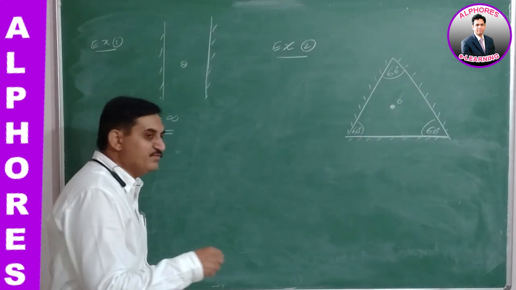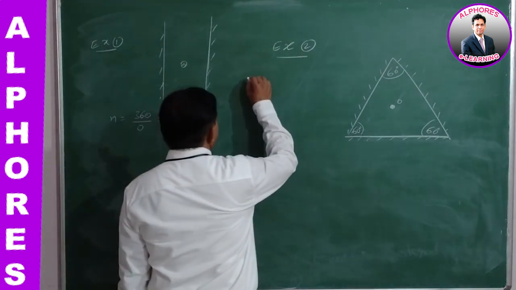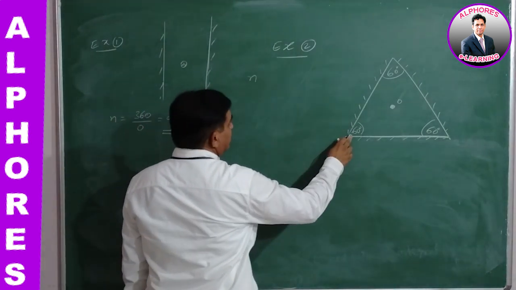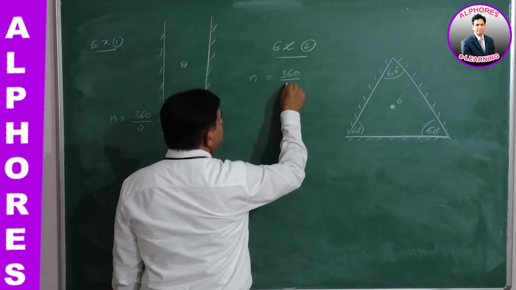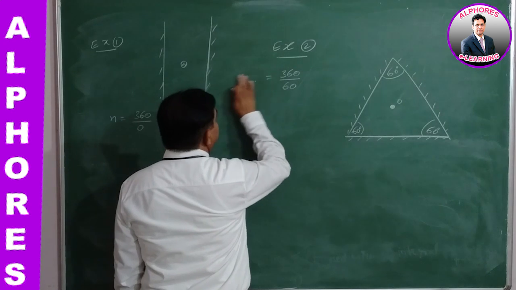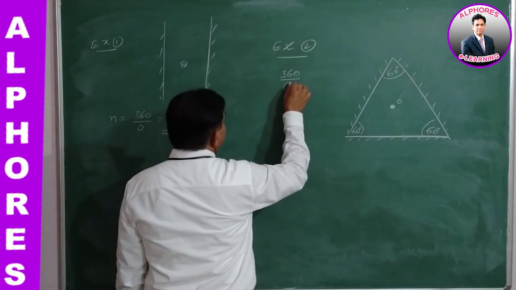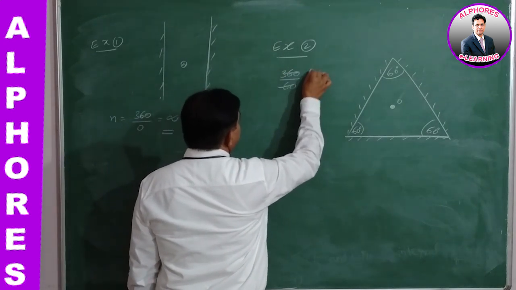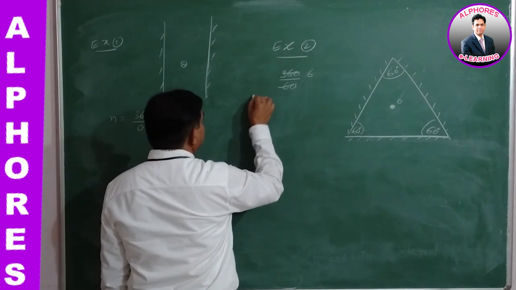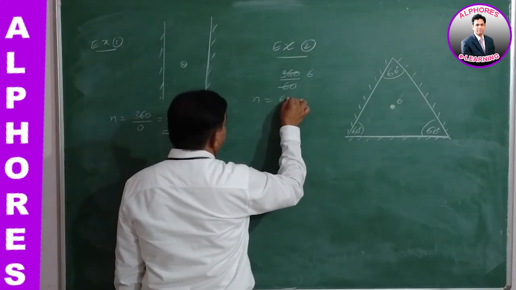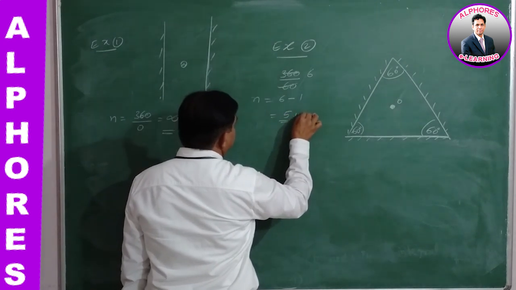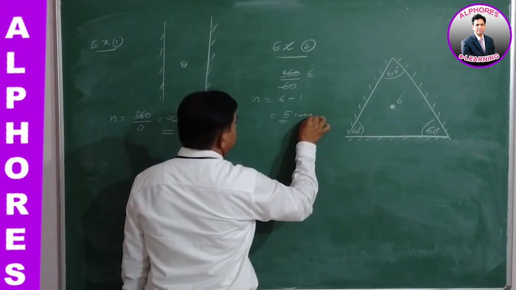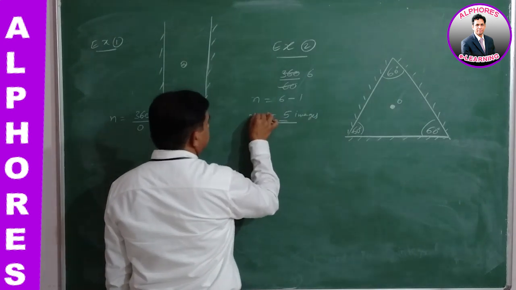The student will think that the number of images formed by one pair is 360 by theta, 60, 360 by 60 which gives 6, an even integer, therefore the number of images formed will be 6 minus 1, 5 images are formed. 5 images.